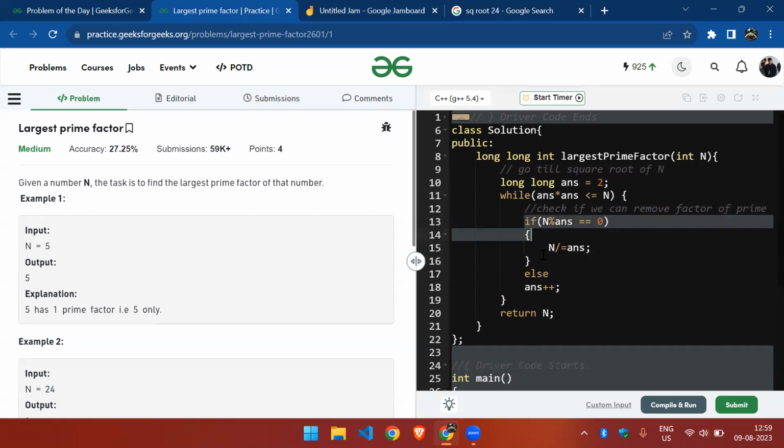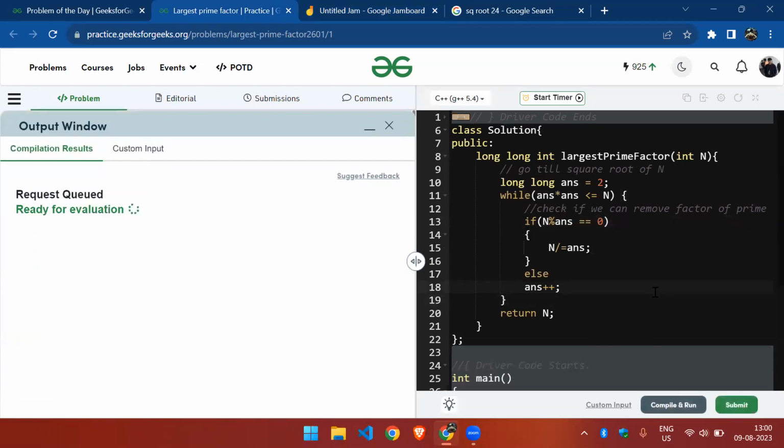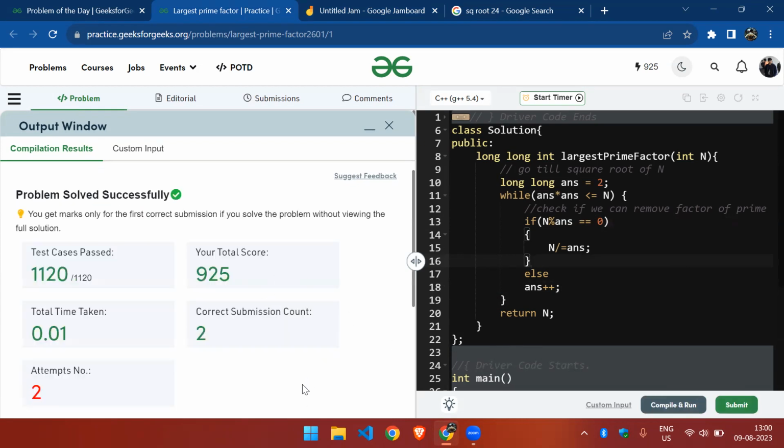If so, we simply remove it. Otherwise, in case of a prime number, we were not able to do it, so we simply increment our iteration variable. And if this condition becomes invalid, meaning we don't enter the while loop, we simply return n. If you still don't get it, you should try it using pen and paper. I'm pretty sure you will get it. All right, thank you.